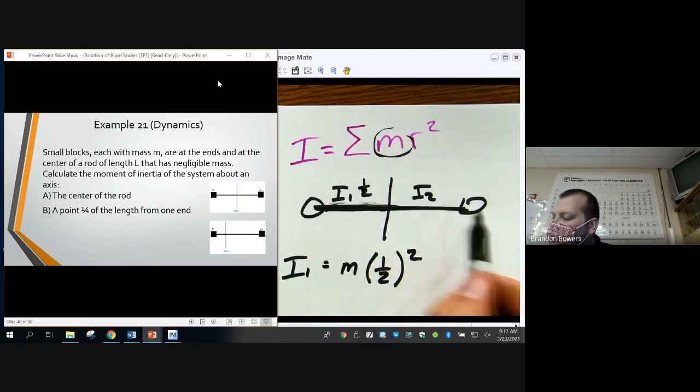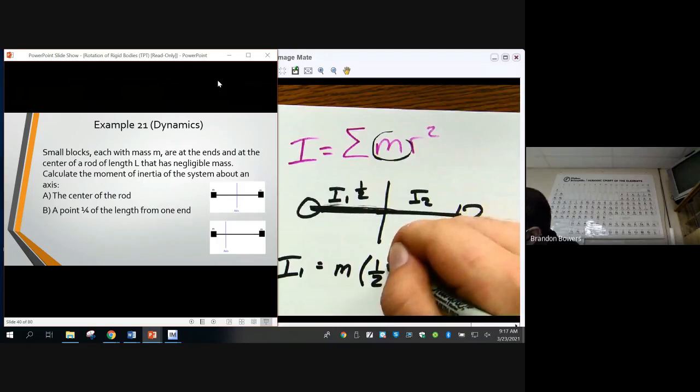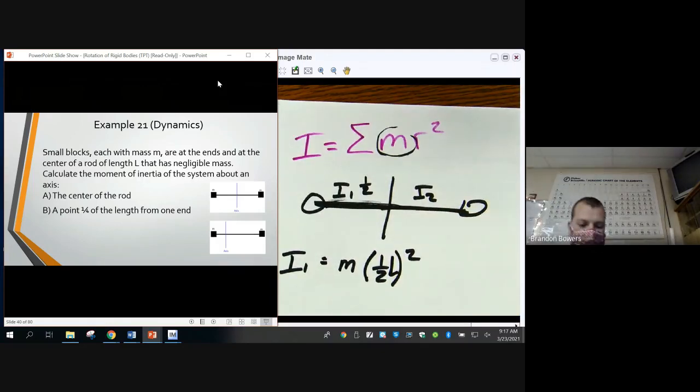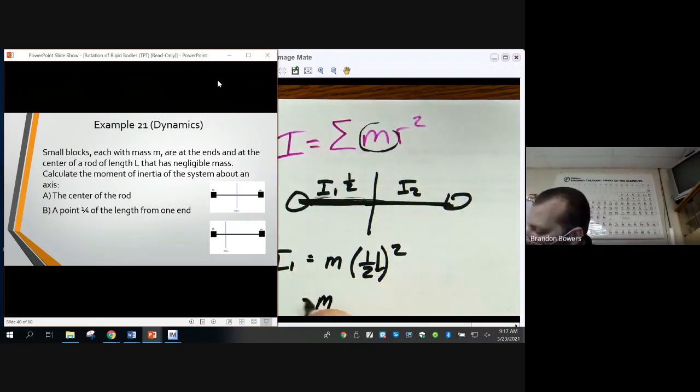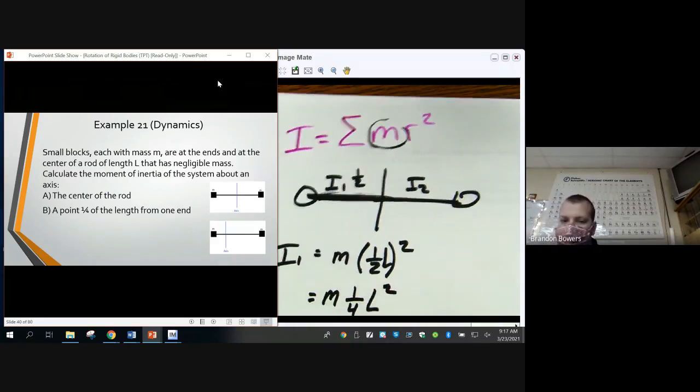Right? Half the length of the rod, I should say. Half the length squared. Does that make sense? Okay. So if you do this, that's going to equal mass times 1/4 of the length squared.